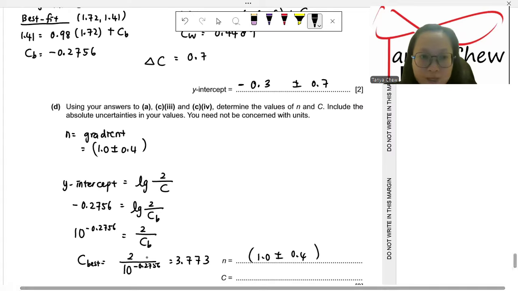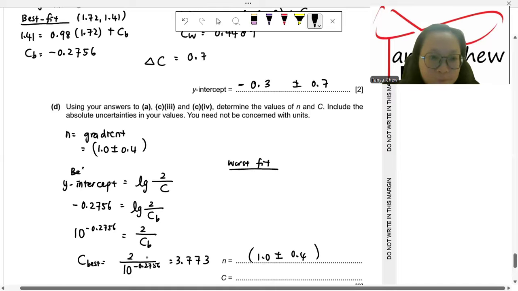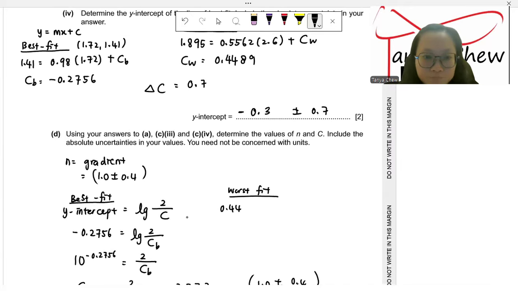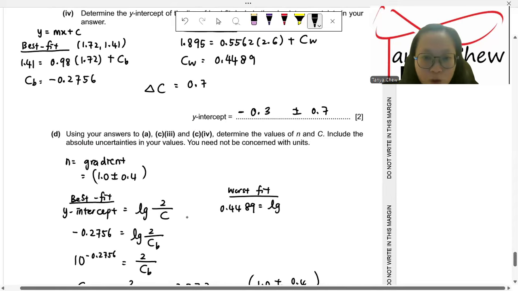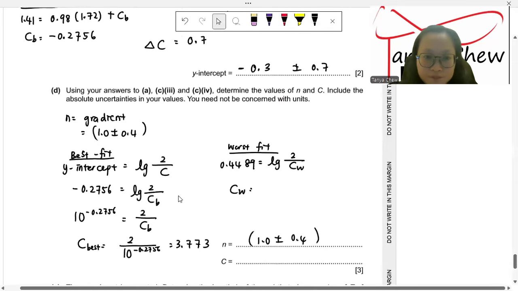Now, for the worst y-intercept, I use the worst fit. This is the best fit. So for the worst fit, I got 0.4489, equal to log 2 over C worst. C worst is equal to 2 over 10 to the power of 0.4489.